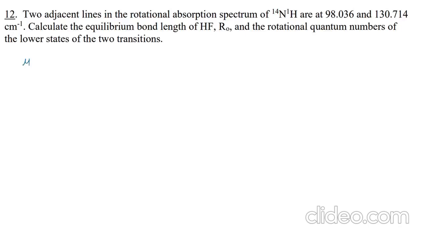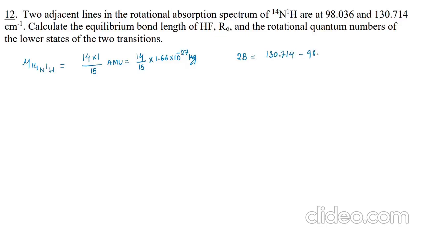Let us first calculate mu, the reduced mass of 14N 1H, which is 14 by 15 into 1.66 into 10 to the power minus 27 kg, right?